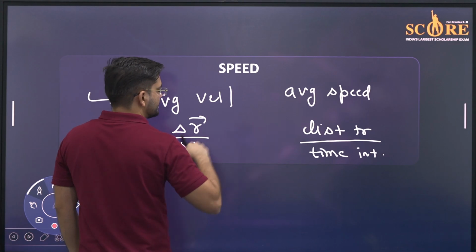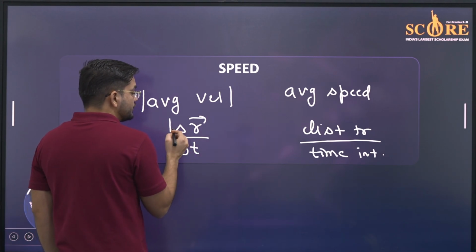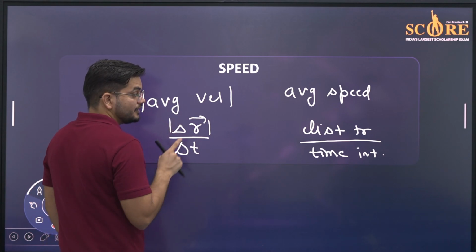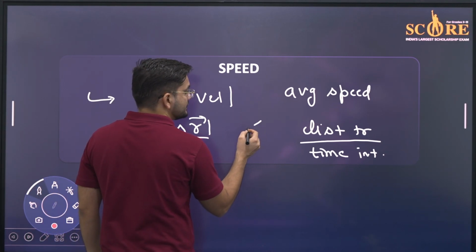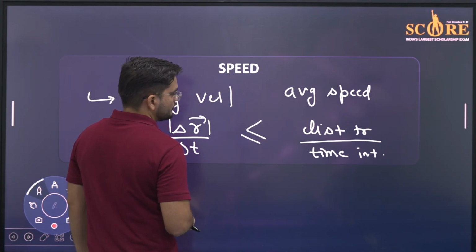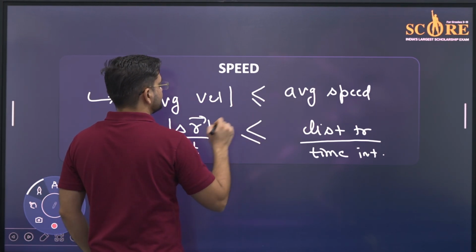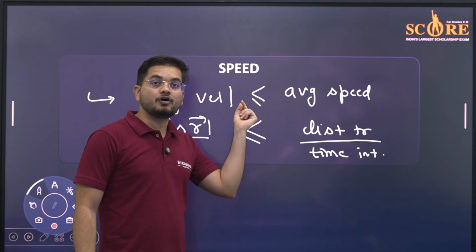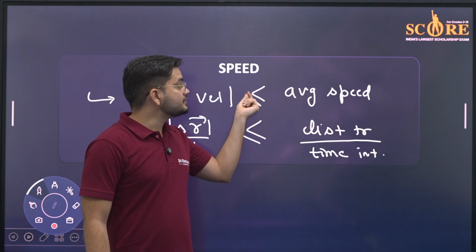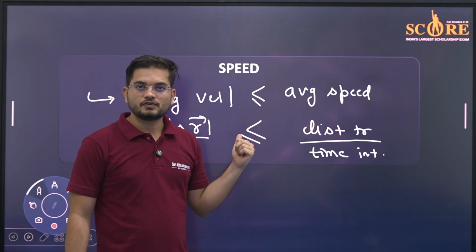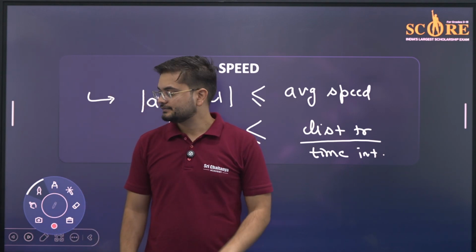Delta r and distance traveled: the magnitude of displacement is always less than or equal to distance traveled. So we can say that the magnitude of average velocity will also be less than or equal to average speed. You got my point? Clear?